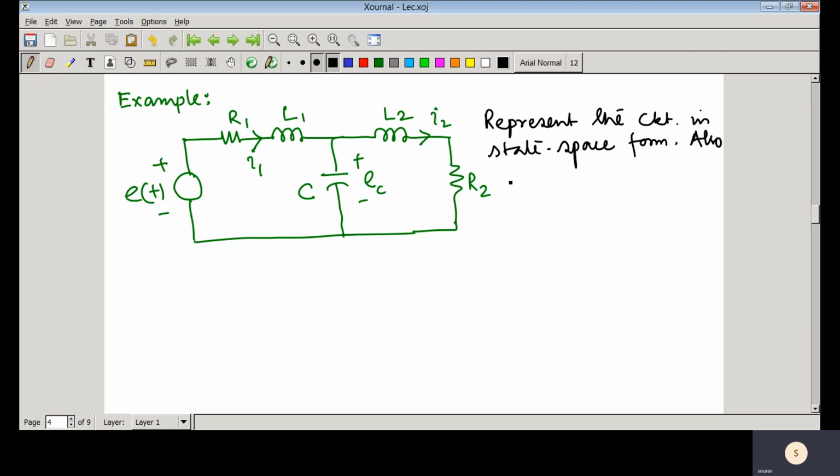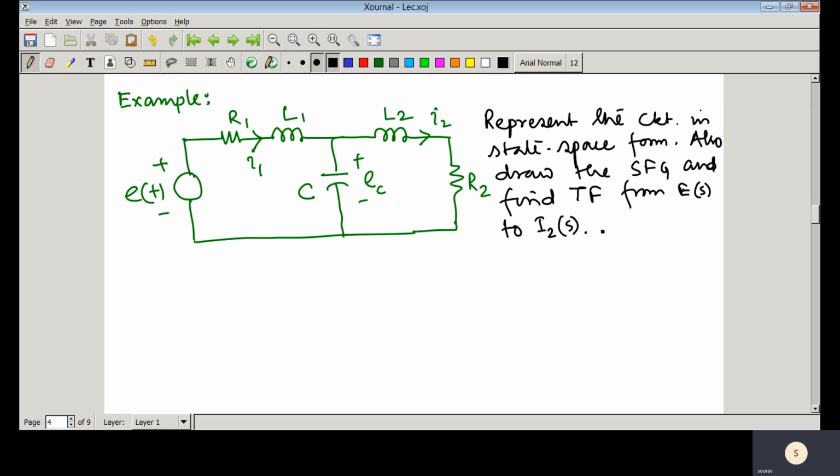Also draw the signal flow graph and find the transfer function from E(s), where E(s) is the Laplace transform of E(t), to I2(s). So this is that problem.